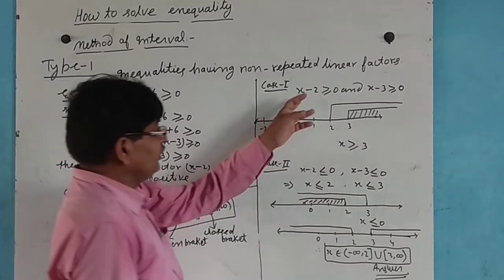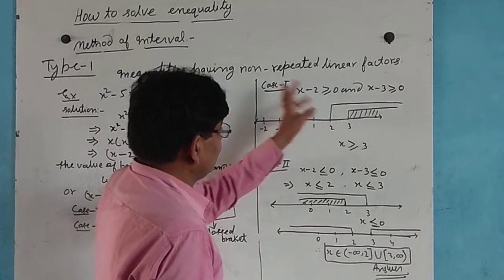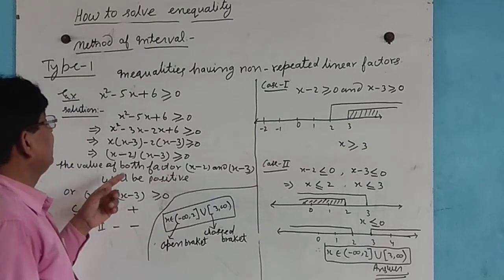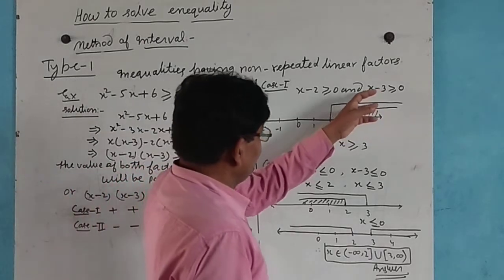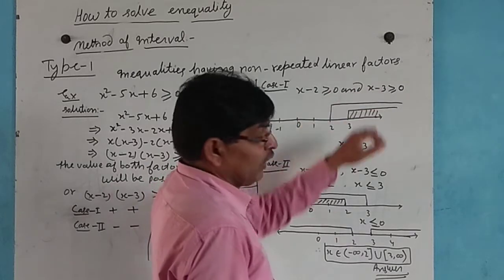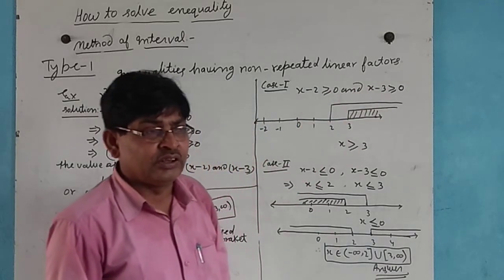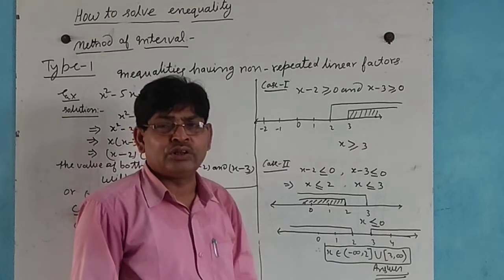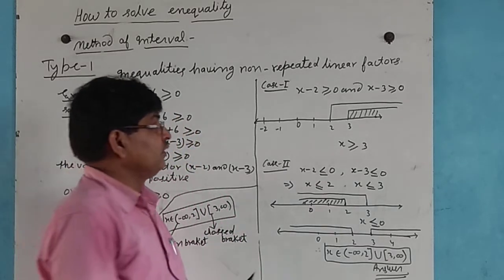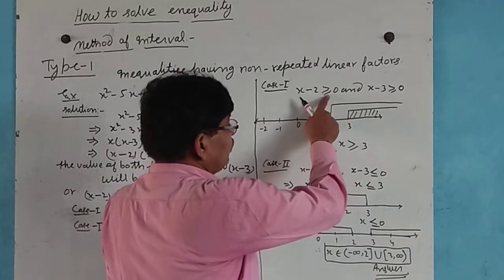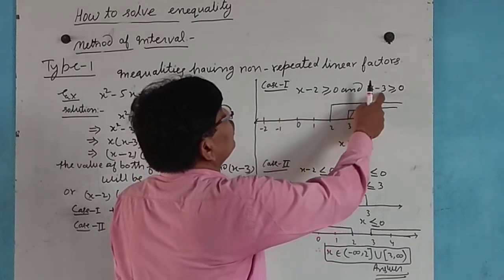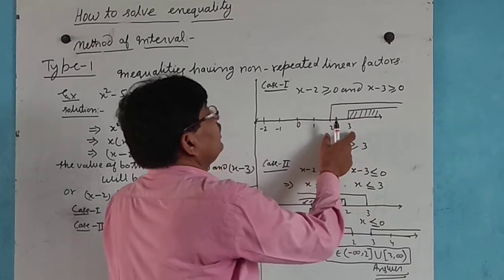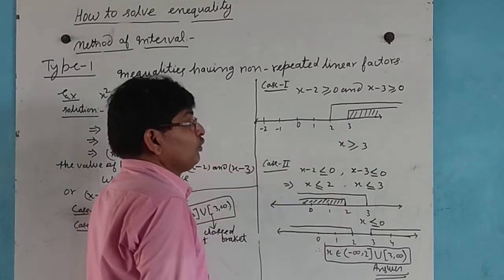Here, case first: if x minus 2 is greater than 0 and x minus 3 is also greater than 0, we put equating to 0 and calculate the value of x. Like x minus 2 equal to 0, x is equal to 2, and x is equal to 3. We indicate 2 points on the number line.